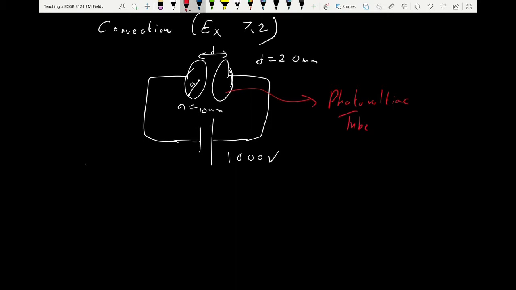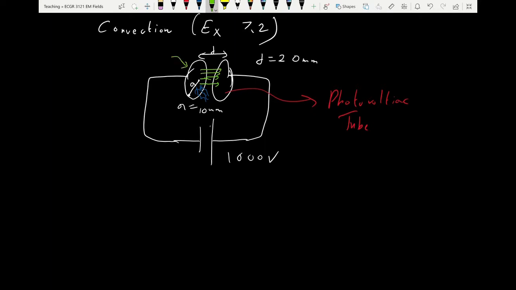Meaning that if light falls on this metallic disc, an electron will be emitted. An electron will be thrown out into the air, and it will accelerate under the electric field until it hits the other plate.